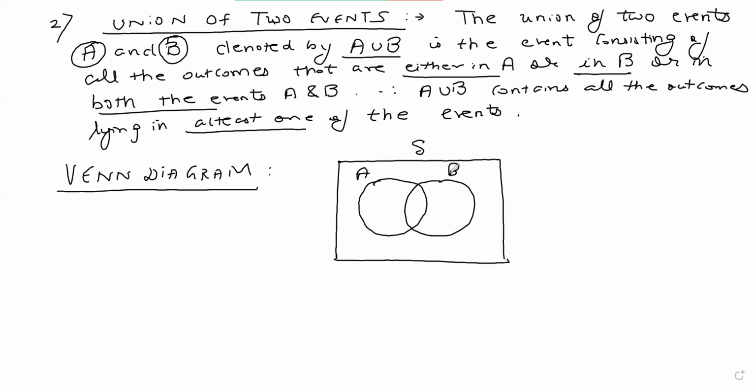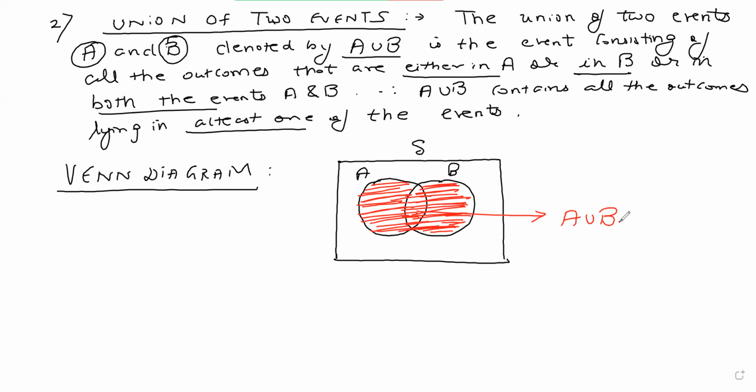So when I say A union B, it is the set of outcomes which are there in A, which are there in B, and which are there in both A and B. So all the red shaded area is A union B. This is A union B, the set of all those outcomes which are there in either A or B or both.